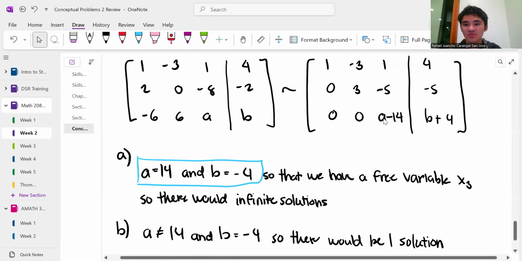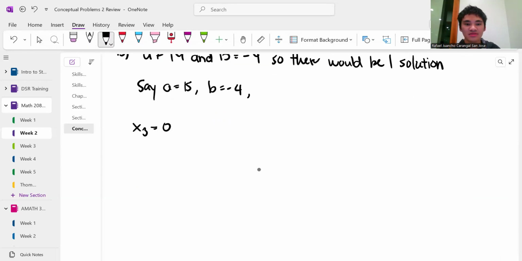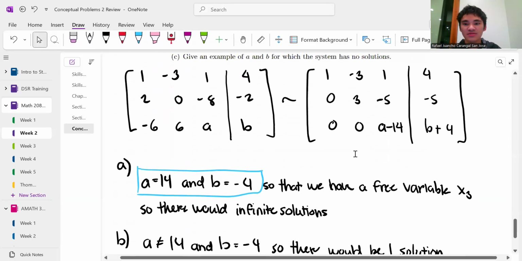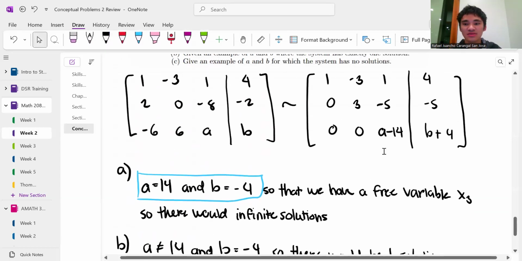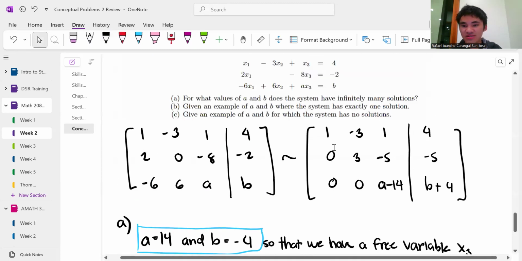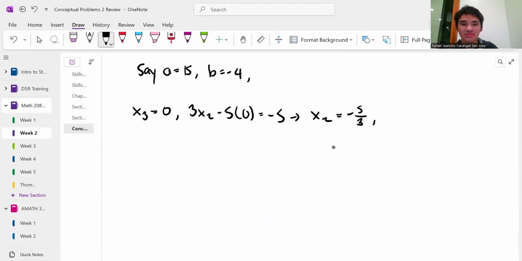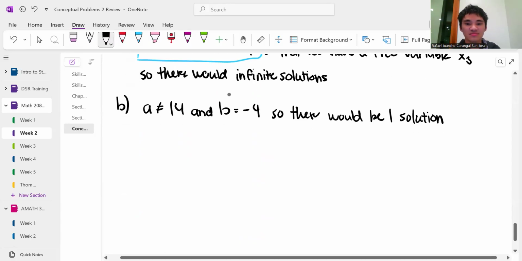Because it becomes 1, this becomes 0, and then we just keep solving it. 3x sub 2 minus 5 times 0 is -5, so this would give me -5/3 for x sub 2, and same for x sub 1. So that's the idea, right? We're only going to get one solution. A could be anything except 14.